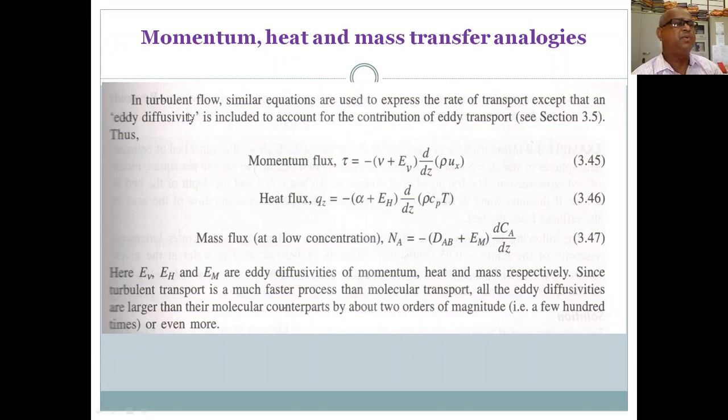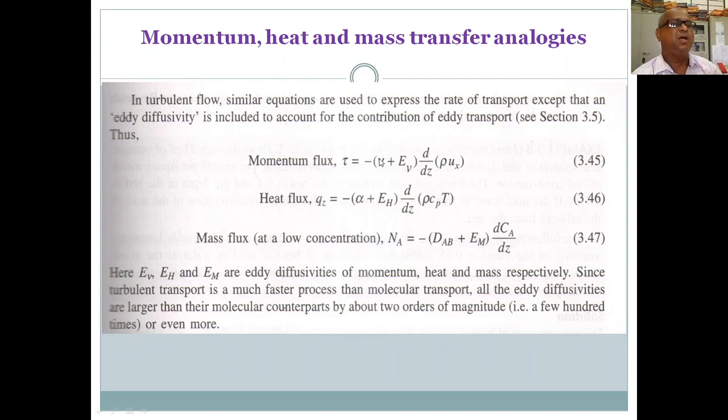In turbulent flow, a similar equation is used to express the rate of transport, except that eddy diffusivity is included to account for the contribution of eddy terms. So we had, if you don't neglect, tau equals minus nu d rho ux by dz.